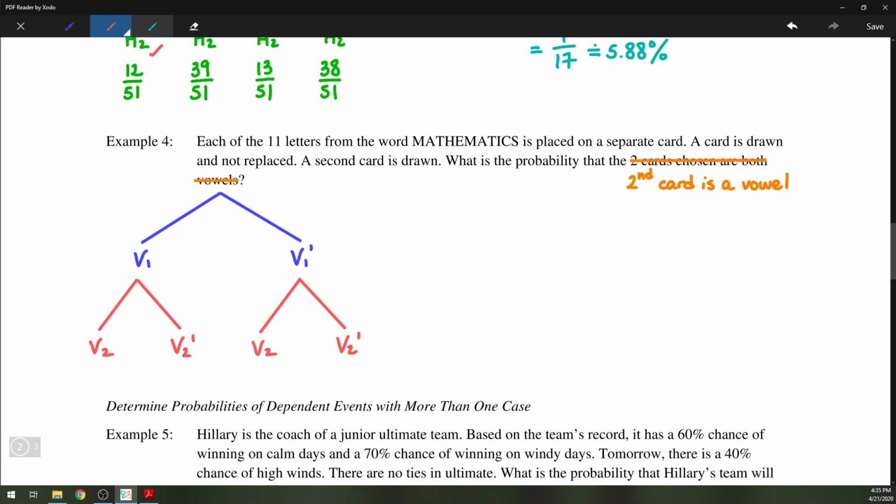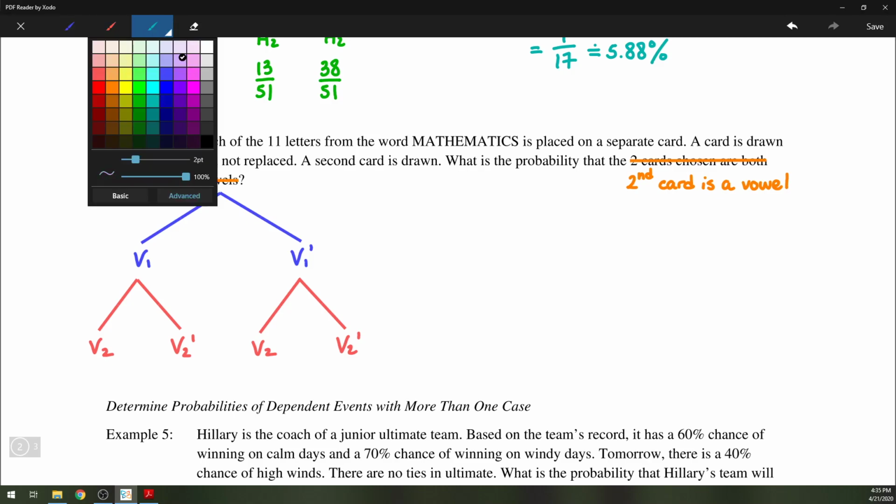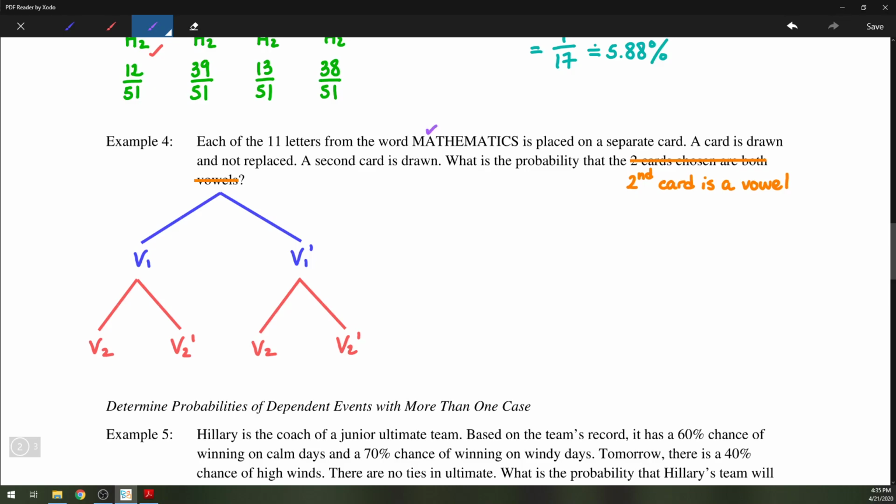Okay, so how many vowels are there in mathematics? Well, there is an A, an E, another A, and then an I. So that's 4 vowels out of 11 letters. So the probability of drawing a vowel in the first try is 4 out of 11. That means there is a 7 out of 11 probability of not drawing a vowel.